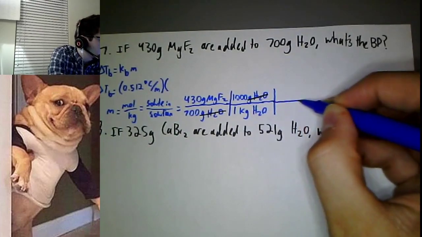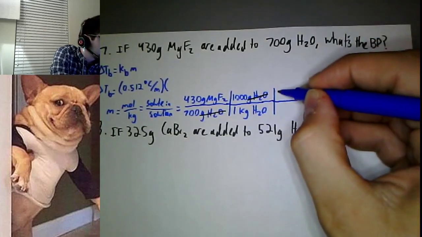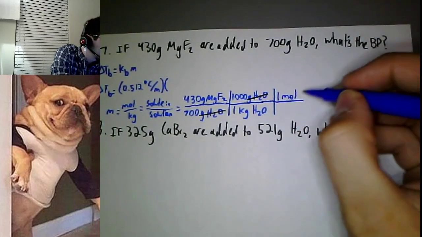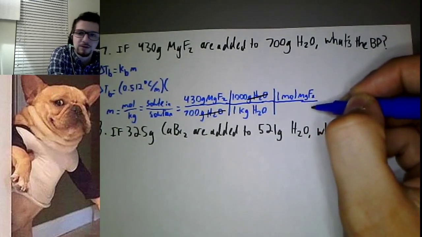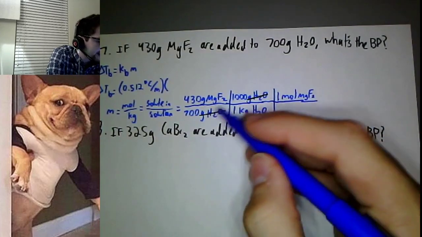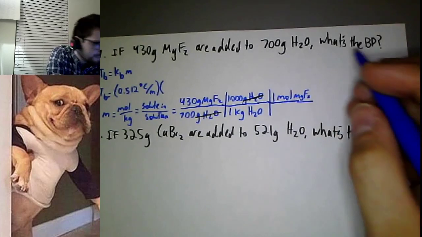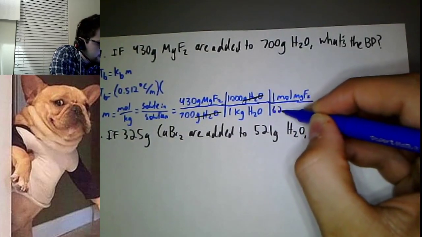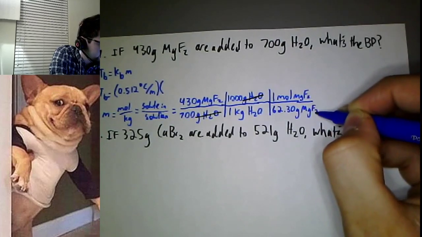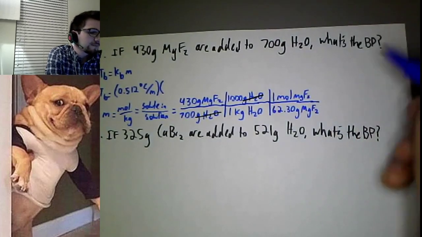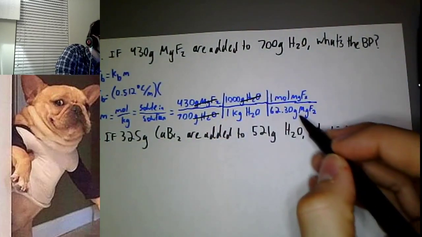How do I convert from grams of magnesium fluoride to moles? I multiply by 1 mole of magnesium fluoride and divide by the molar weight. If I add up the weights for magnesium and 2 fluorides, which I already did for you, it's 62.30 grams. So I have moles per kilogram now, and that's exactly what I want.